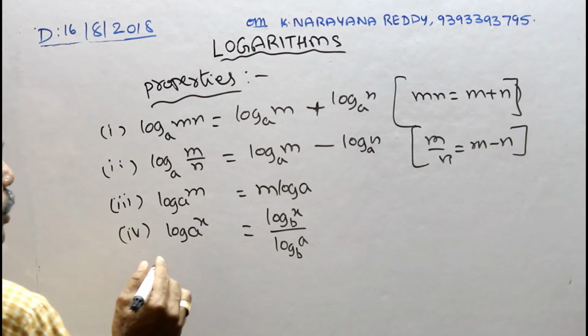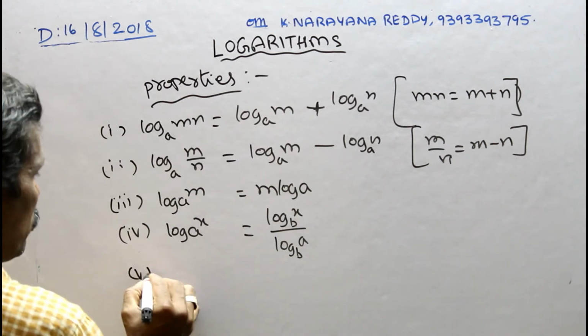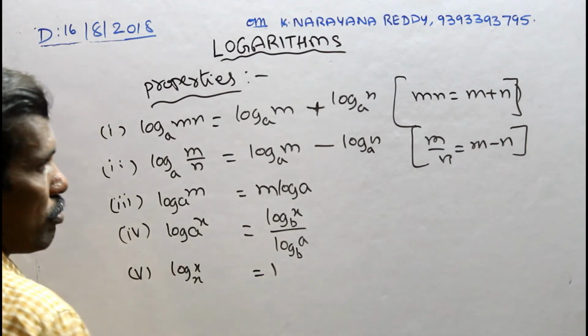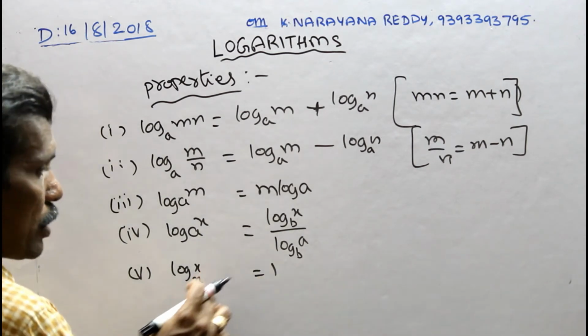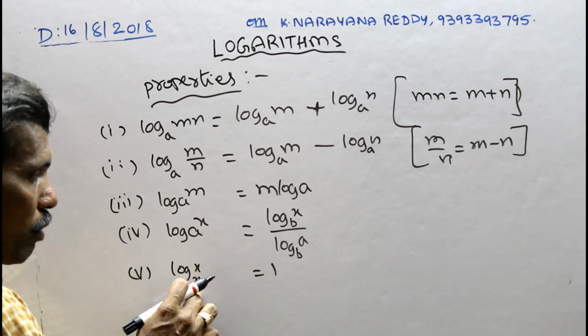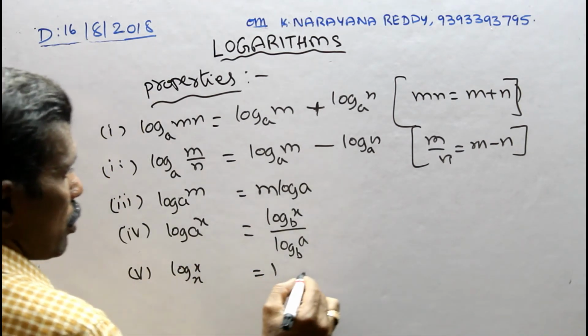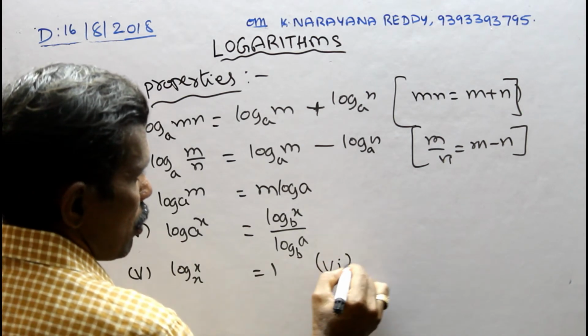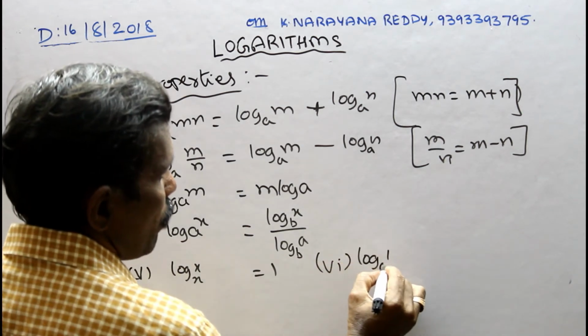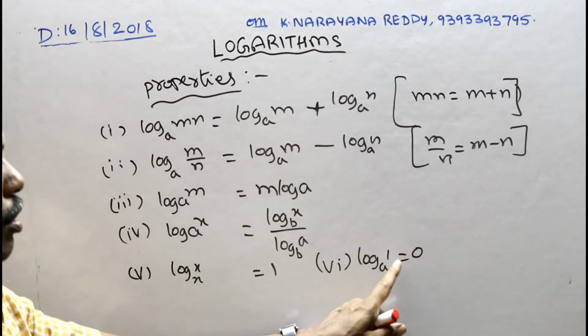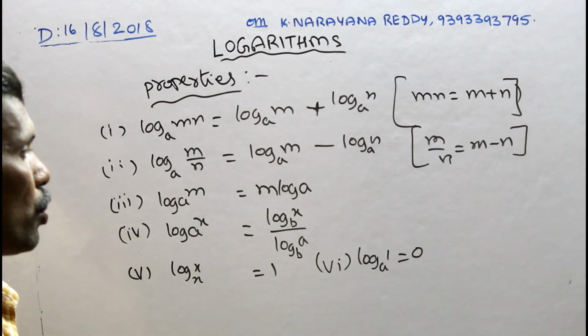Okay. Next one is log x to the base x equals 1. When these two are equal, it equals 1. Next one is log 1 to the base a equals 0.